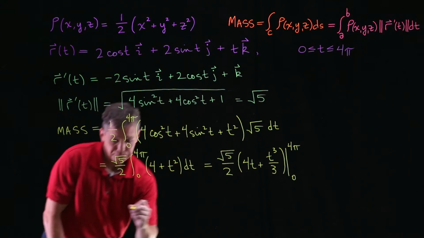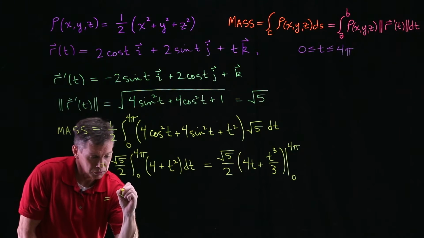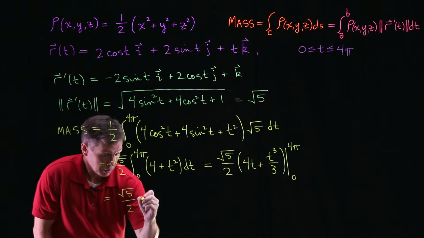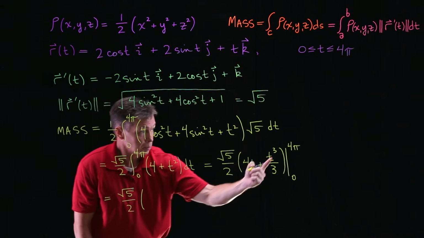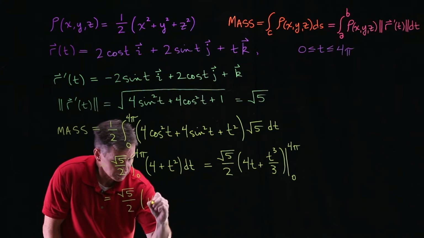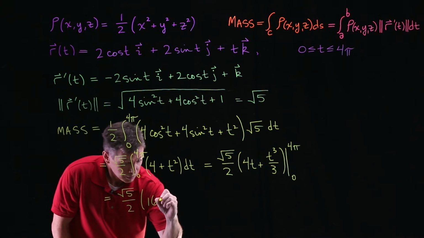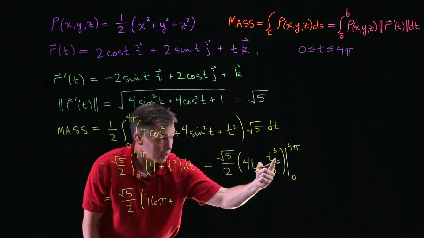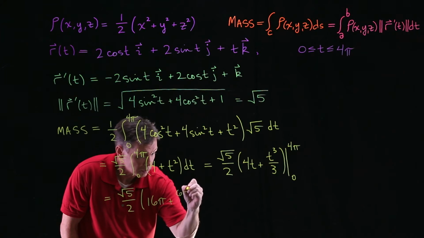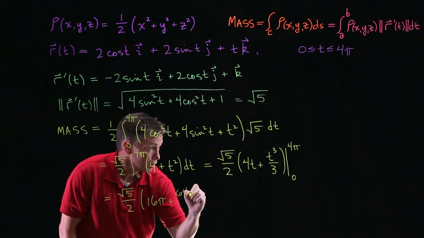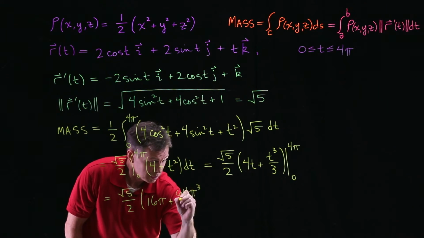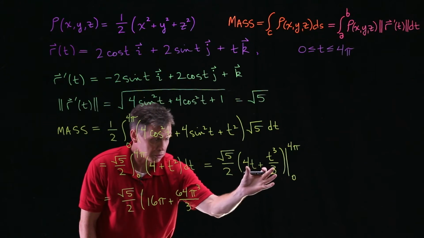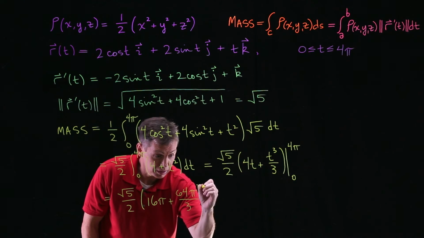Plug and chug time. So this equals square root of 5 over 2, and then I'll use some parentheses here. Plugging in the 4 pi, I'm looking at 16 pi, and then plus, plugging in the 4 pi, 64 pi cubed, the pi is cubed, divided by the 3. And you've got to love the zeros here. That's just going to subtract 0 when you plug that in, so that's nice.